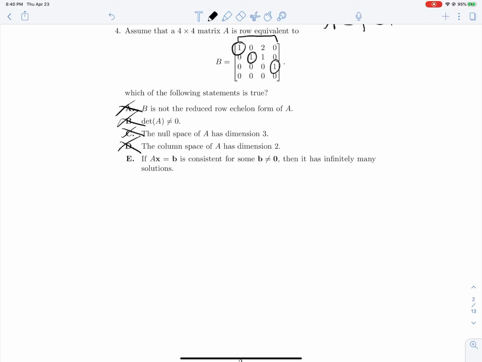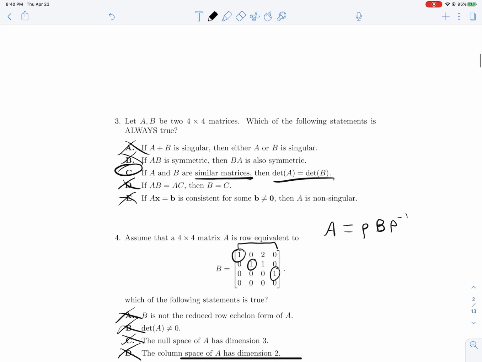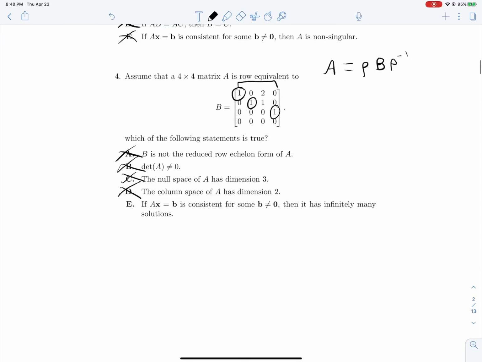If AX equals B is consistent for some B not equal to 0, then it has infinitely many solutions. Oh, look at that, that's a callback to what we were talking about right up here, because we can use that same analogy. We have this matrix up here, which goes from R4 to R4, but it takes in all of R4 and only outputs 3 dimensions worth of R4.